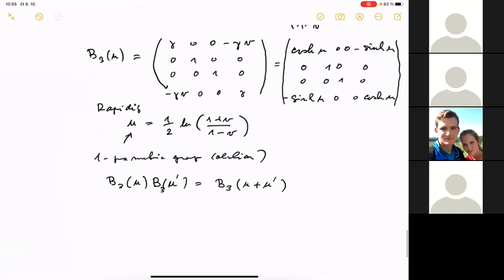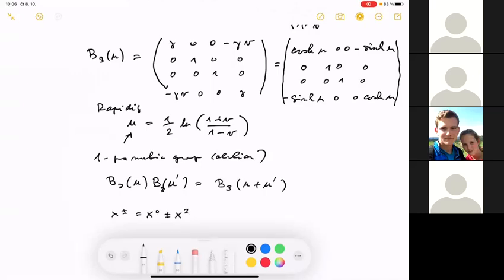It is instructive to see this in a somewhat different context. We can rewrite such a boost along the third axis in terms of special coordinates on the space-time. Simply defining the coordinates x^± as x^0 ± x^3, and the vector with two components x_perp as (x^1, x^2).